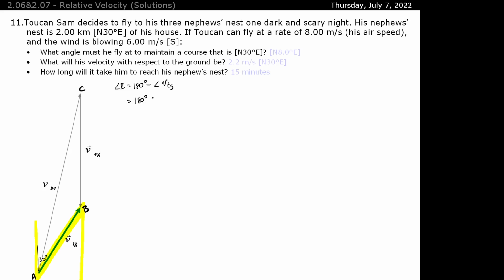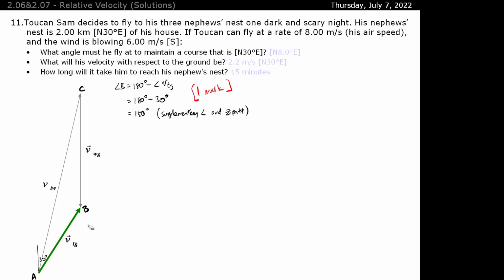So 180 degrees subtract 30 degrees gives us 150 degrees, and this is because of the supplementary angle theorem and the Z pattern. Remember that this is 1 mark, so make sure you show how you got to that.